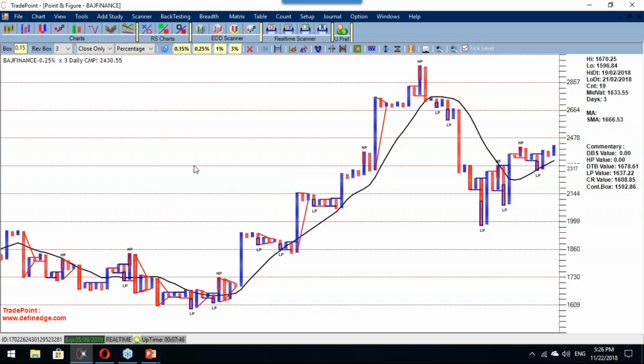Why I am taking the pain to illustrate this and show you both the charts is to impress upon you guys that relative strength is such an important concept that you must be paying attention to.